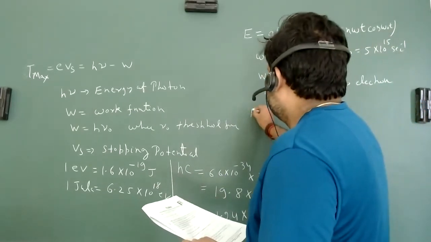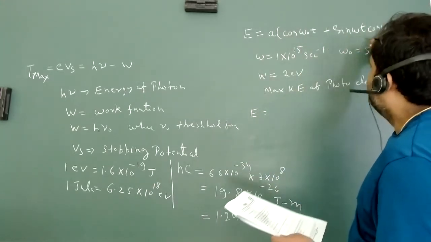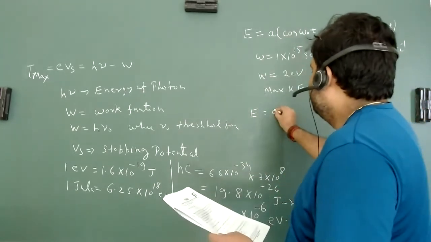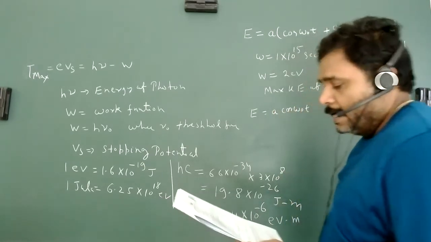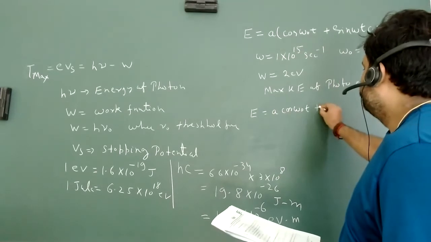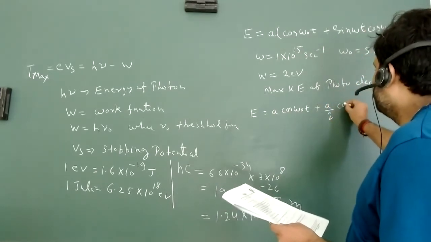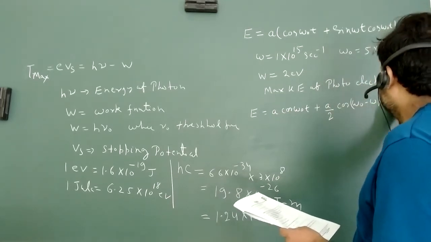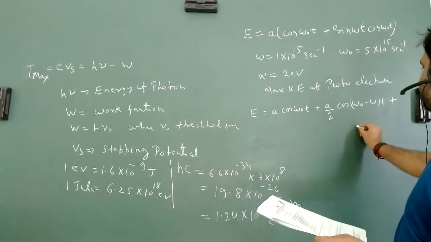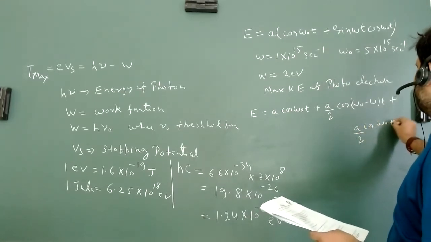We can use the trigonometric formula for sin A into sin B. Then we have A cos ω₀t, plus A by 2 cos (ω₀ minus ω)t, plus, and the second thing will also be A by 2 cos (ω₀ plus ω)t.